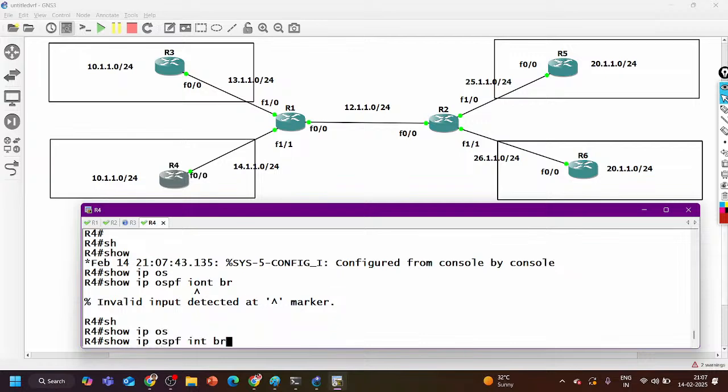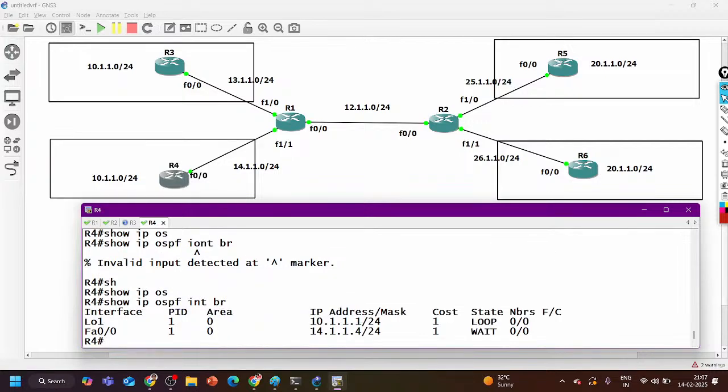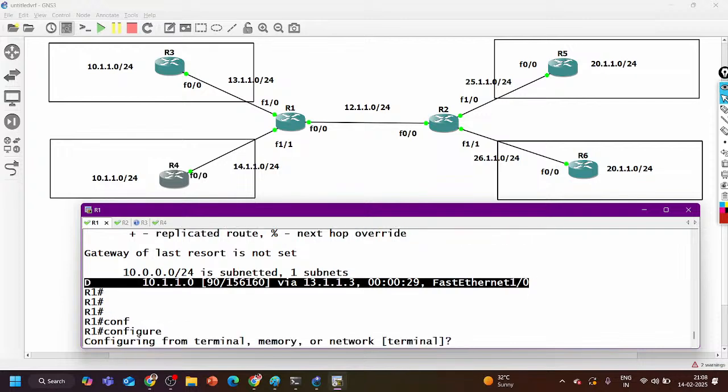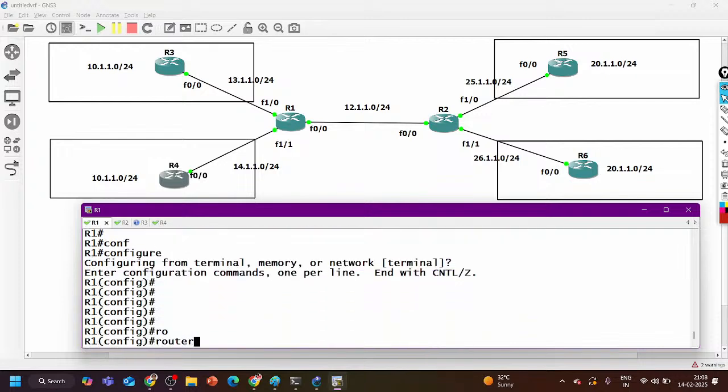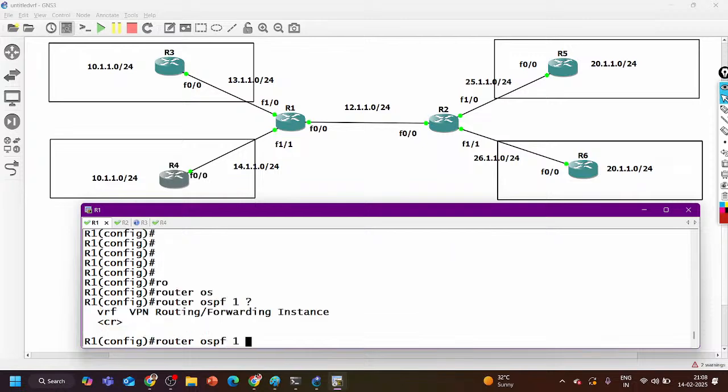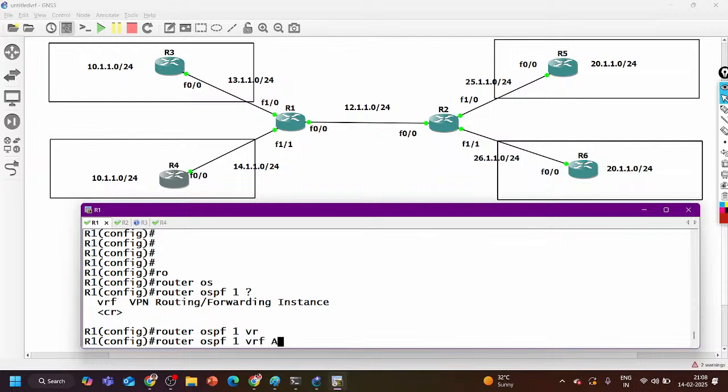OSPF is enabled on both. Now go to R1 and let me configure OSPF for VRF B. For which VRF? VRF B. Here the command is router OSPF process ID 1 and then VRF. For which VRF do you want to enable OSPF?